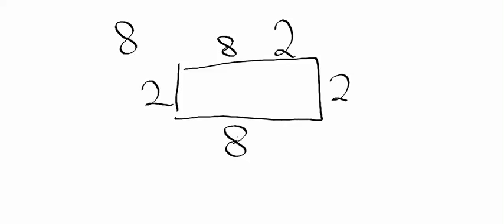But they've said to the nearest. Now if they wanted the least, we have to find the least of both the width and the length. So to find the least, we deduct the 0.5 off because it's to 0 decimal places, giving us a least length of 7.5 and a least width of 1.5.